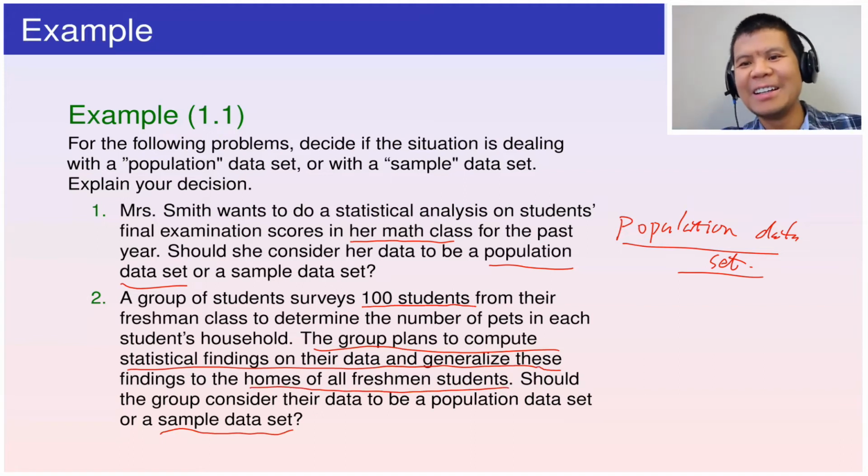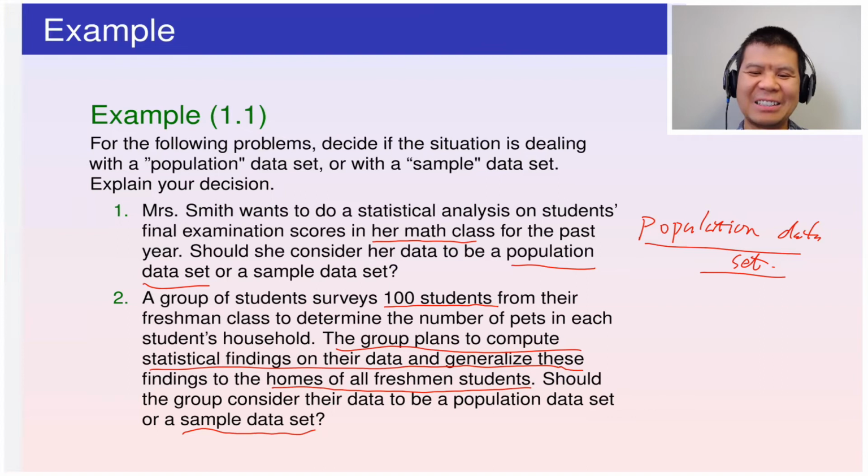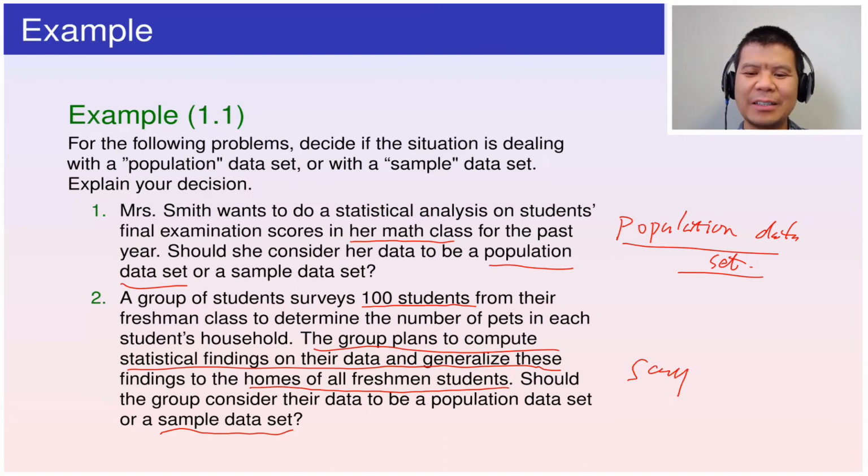We can clearly see that these 100 students are a subset of the population, all the freshman students. Therefore, this data is about 100 students, which is a sample. So this is a sample data set. Very good.